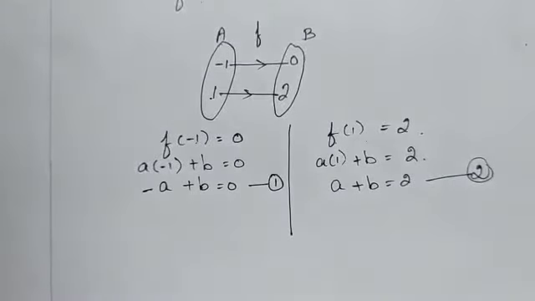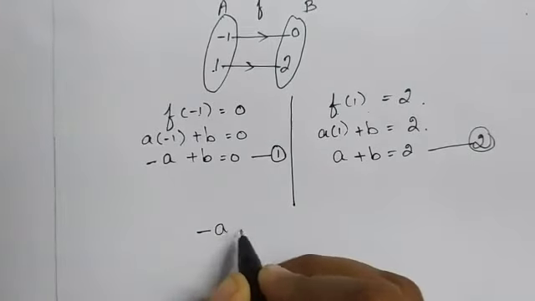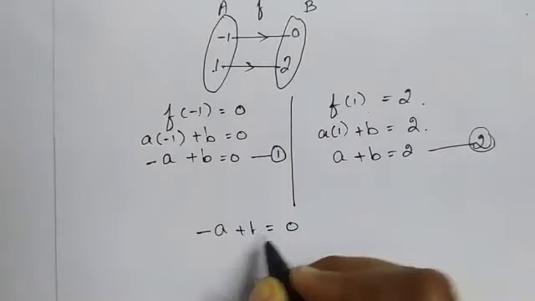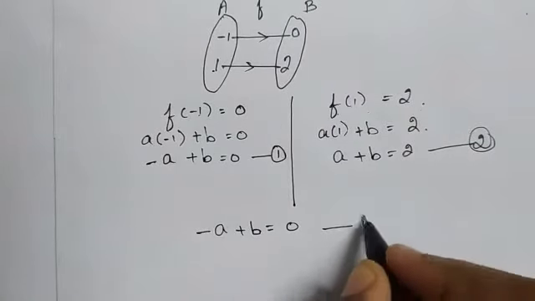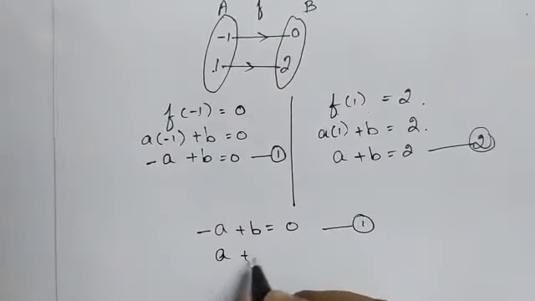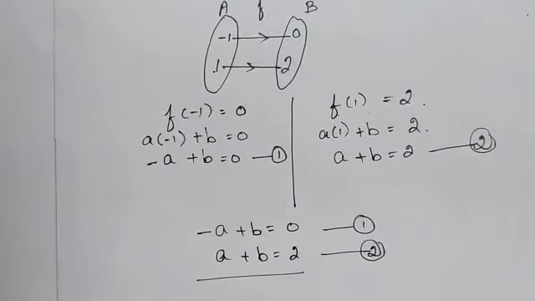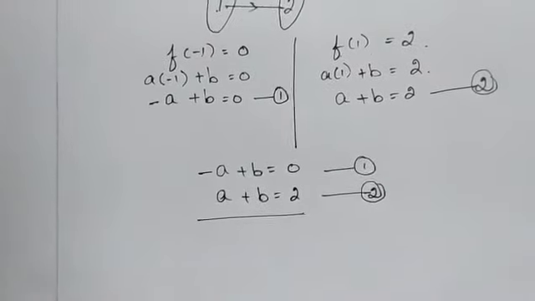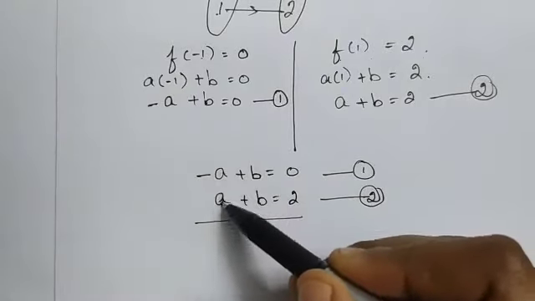Using these two equations, you must find the value of a and b. Write minus a plus b is equal to 0, and a plus b is equal to 2. See, here you have two equations with two variables. First, see the coefficient of a.